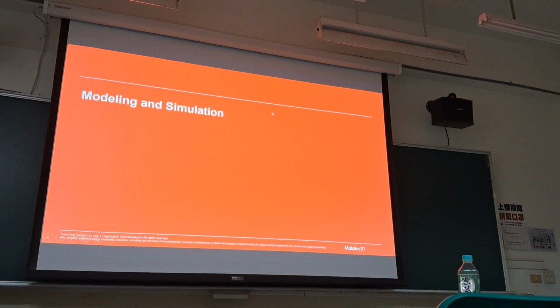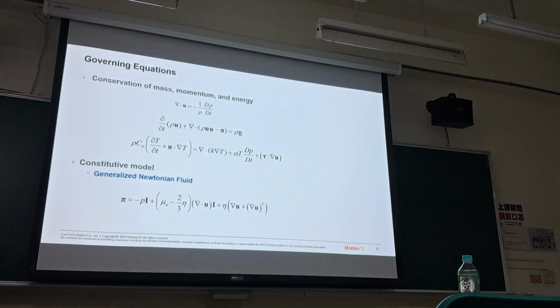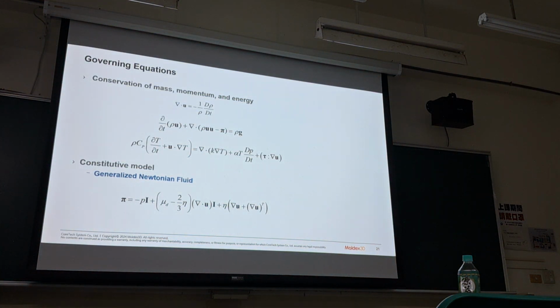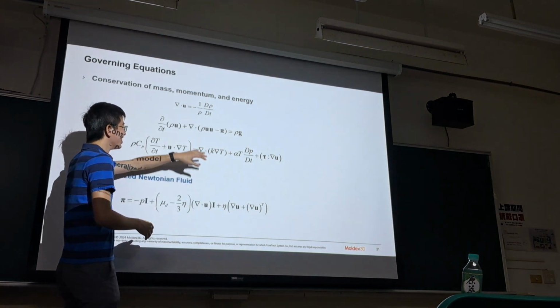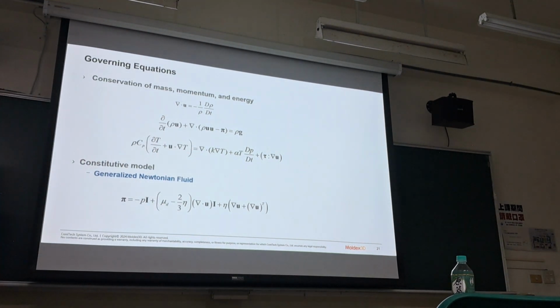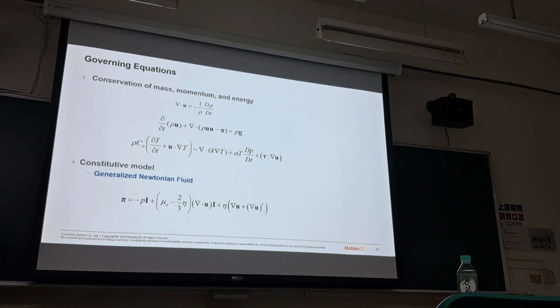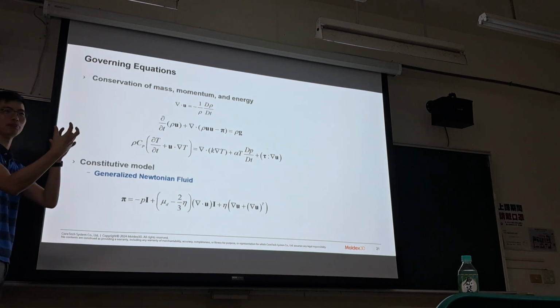Okay, so then we can take a look at how to do the modeling and simulation for that. I'm not sure, are you familiar with those equations? No? Okay. But some ideas, right? You need to calculate a force balance, right?